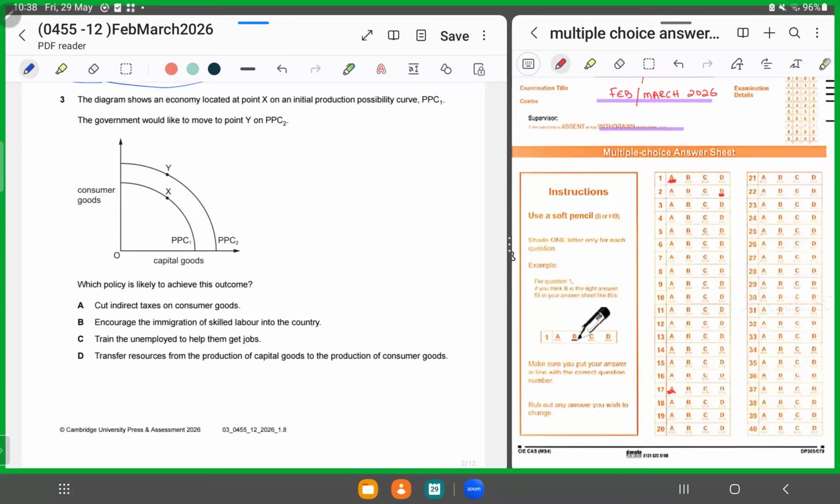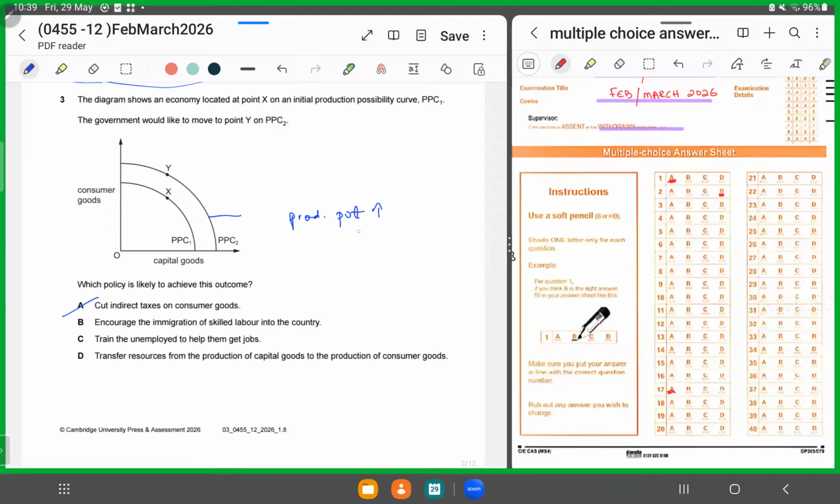Now, A says cut indirect taxes on consumer goods. This is unrelated. If you reduce indirect taxes on consumer goods, it's not going to bring about any changes in the productive potential. It will increase spending, but it will not increase the productive potential. What do we want?